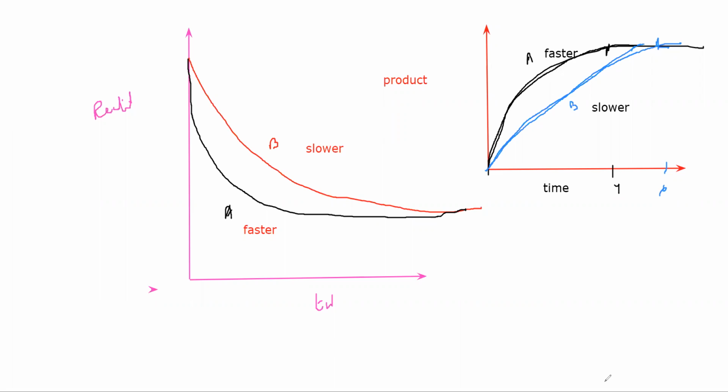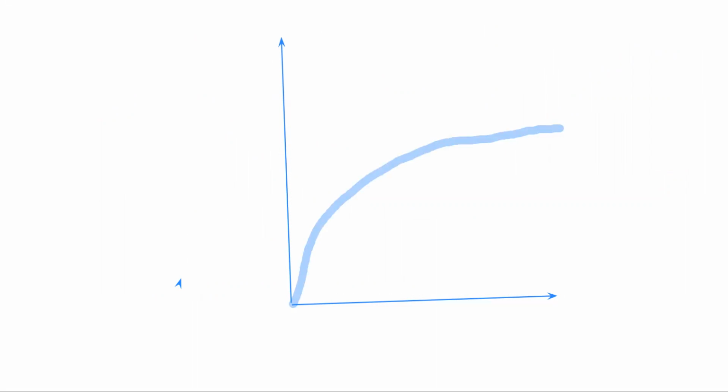So in the exam, they might provide one graph, for example, the volume of product with respect to time, and the question is to sketch a graph which is faster than this.